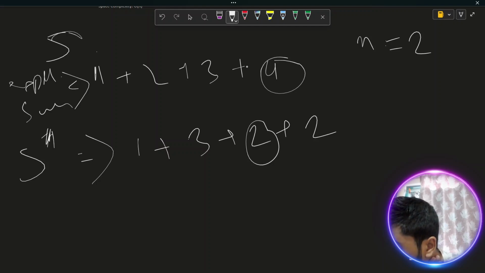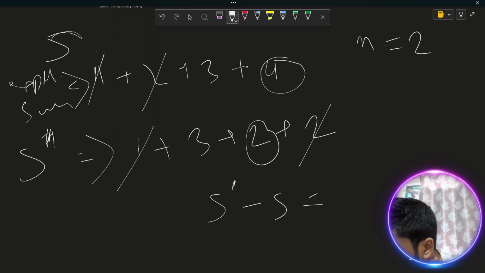If I do s dash minus s, one gets cancelled, the two gets cancelled, and three gets cancelled. So what I am left with is 2 minus 4.